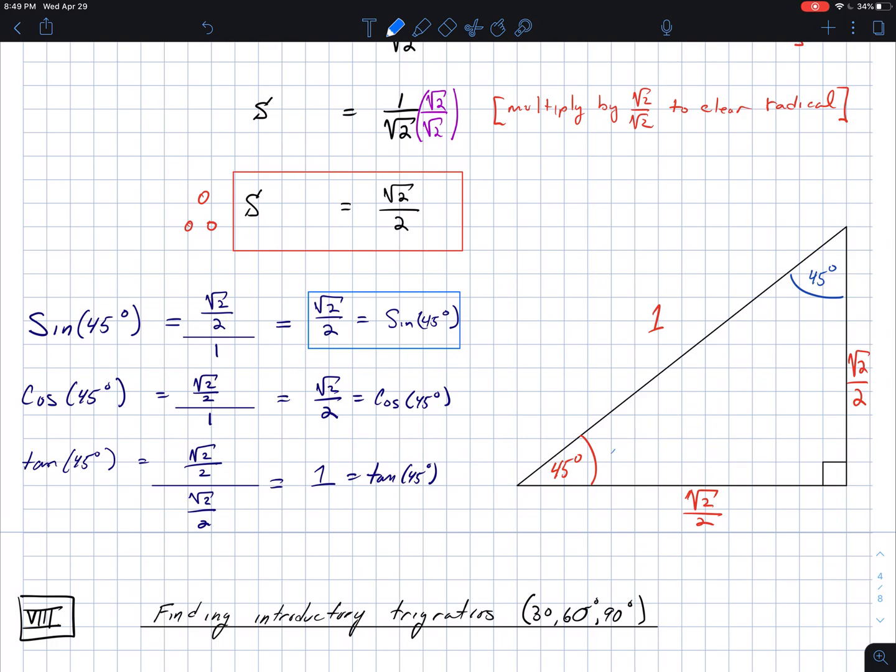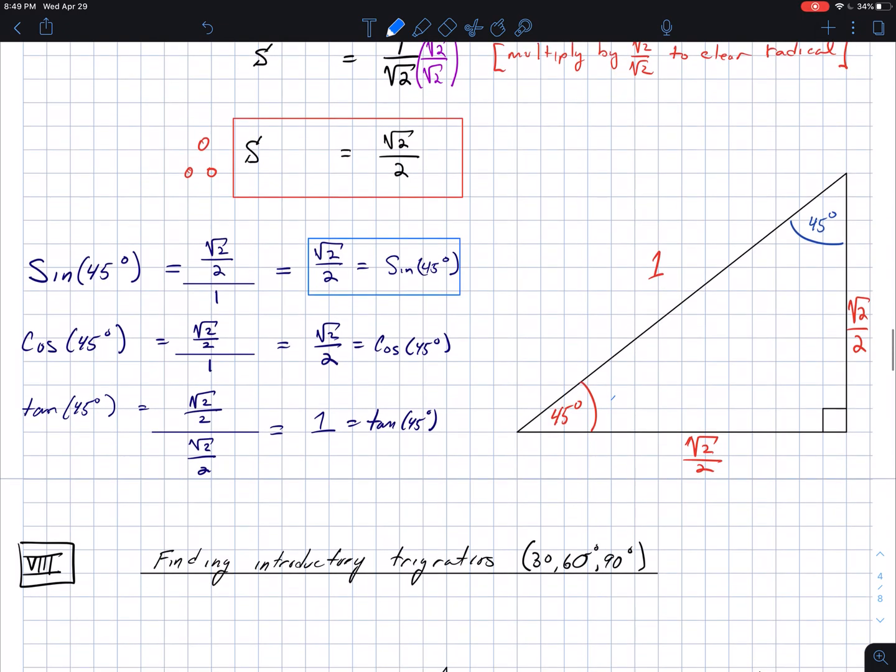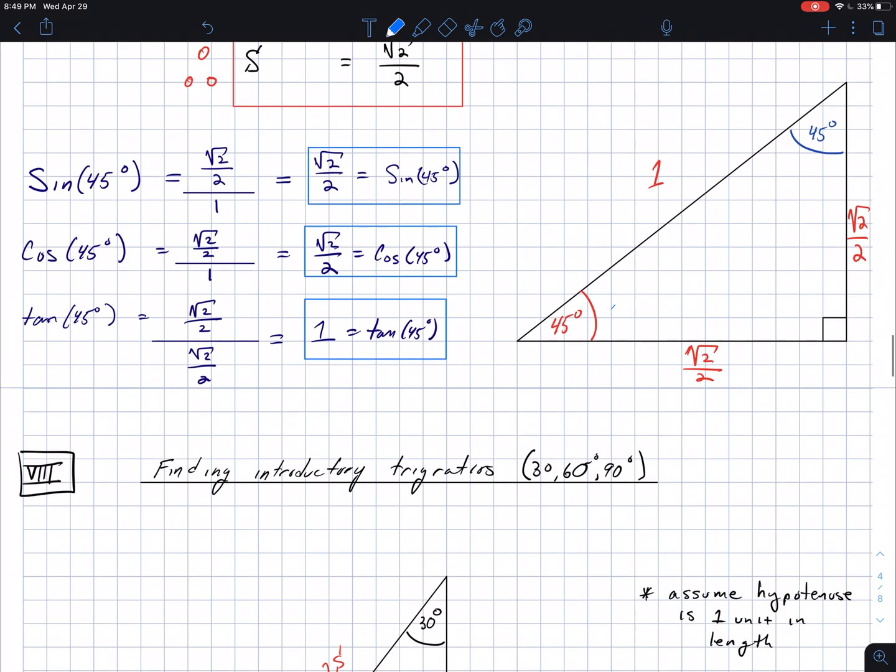Okay? So I did the simplifications, and I'll just box them so we can find them easy. And the tangent of 45 is 1, easy, because anything divided by itself is 1, right? Junk over junk is 1.